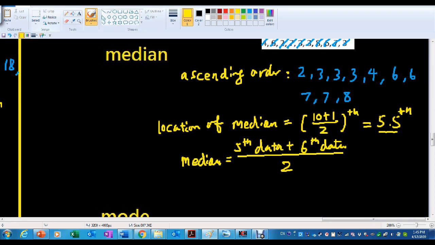Where is the 5th data? The 5th data is 4, whereas the 6th data is 6. So your median would be the 5th data plus the 6th data, divided by 2, so that's 5.